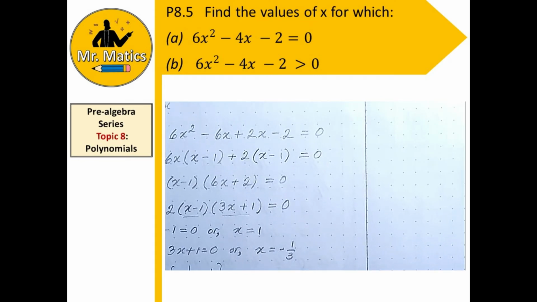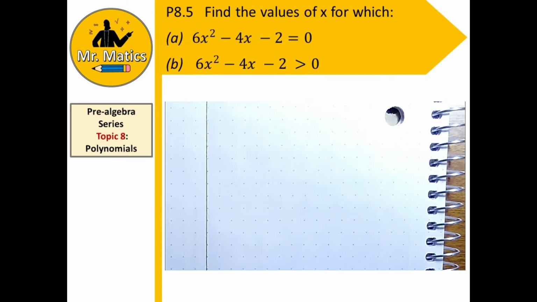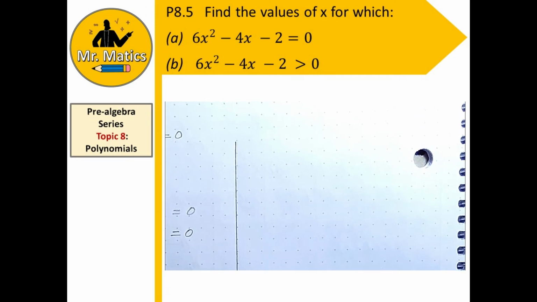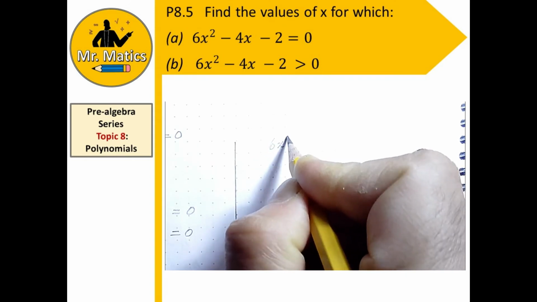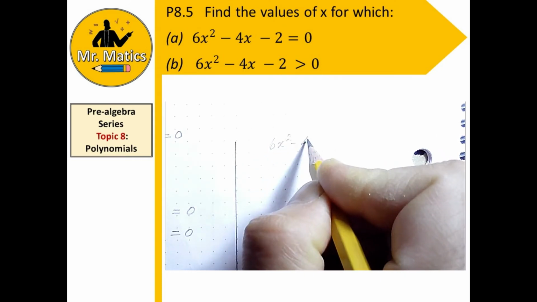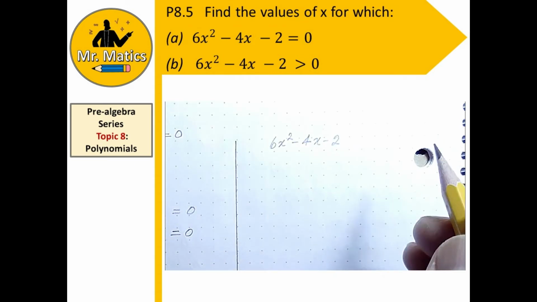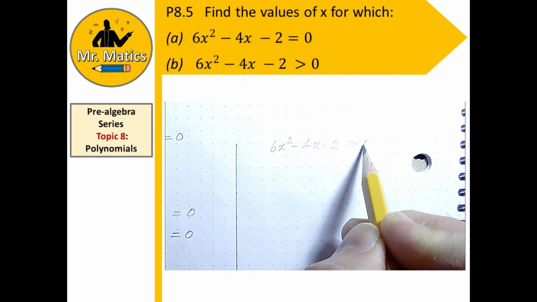So let's go over to part B. Part B has the same expression, 6x squared minus 4x minus 2, and this time it is greater than 0.